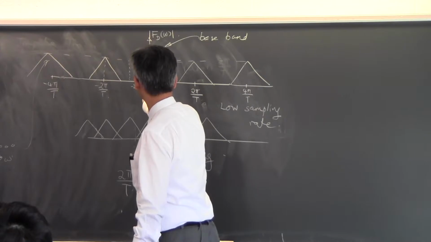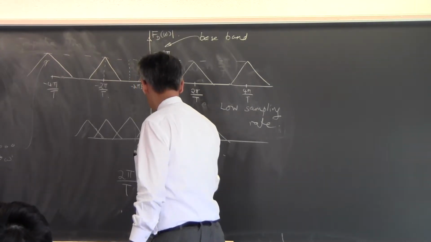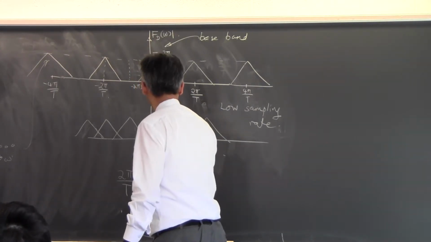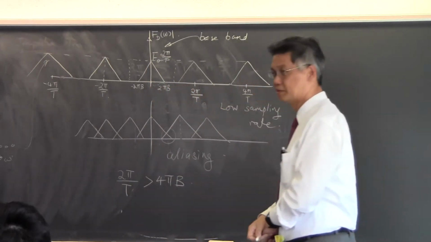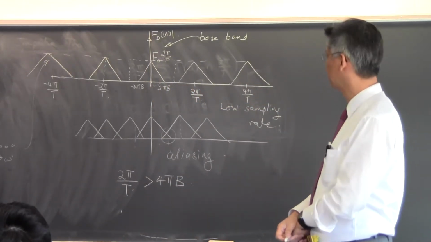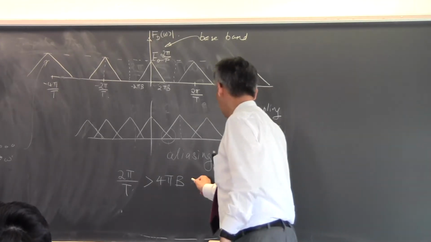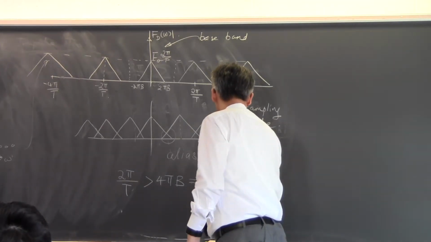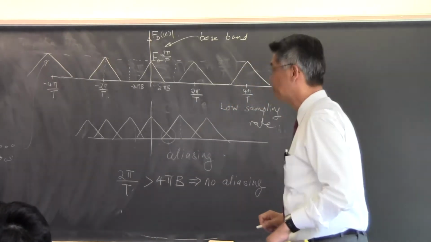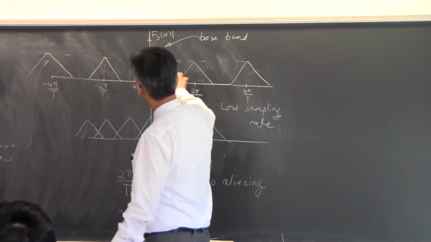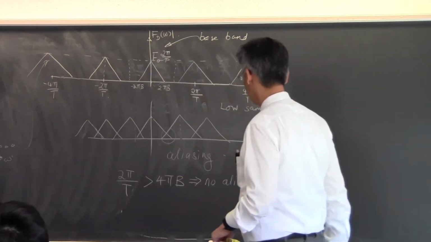This, together with this, must be larger than 4 pi B. Can you see from the picture that this inequality has to be satisfied? And if this is satisfied, it means no aliasing, or no overlapping of the baseband with the sidebands. These are sometimes called the sidebands or the upper bands.